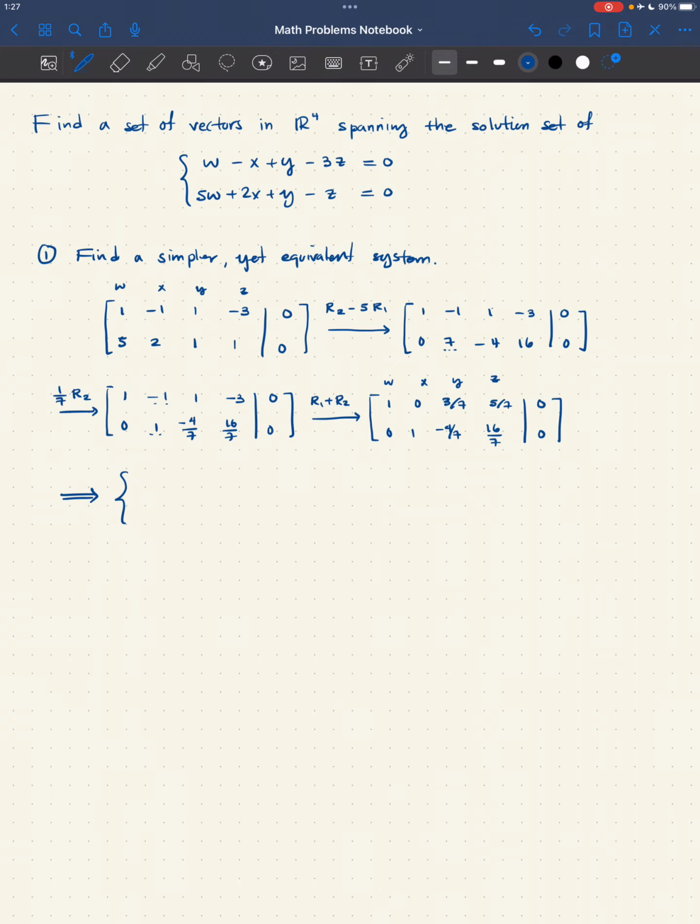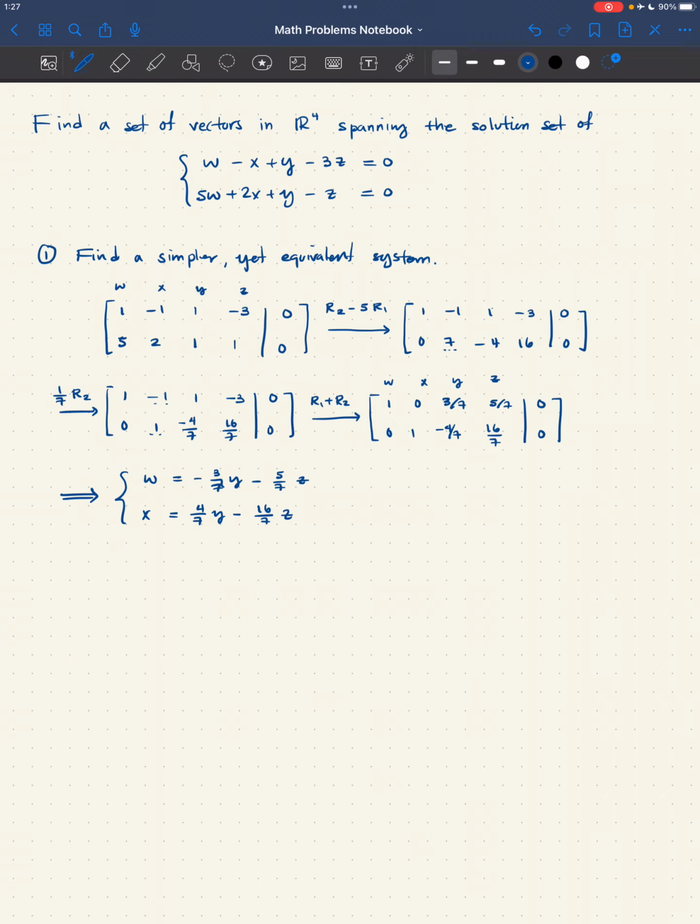You have that W is equal to negative 3 sevenths of Y minus 5 sevenths of Z, while X is equal to 4 sevenths of Y minus 16 sevenths of Z.